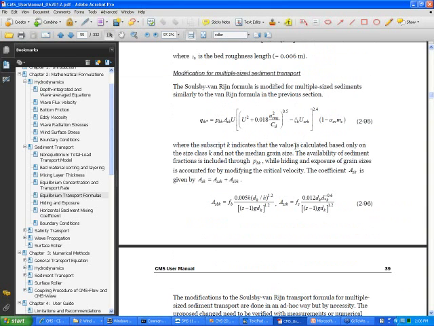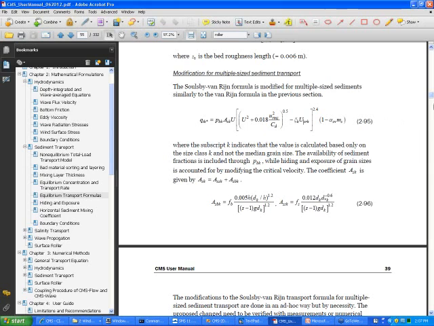For example, there are also these scaling factors for bed and suspended load, F sub B and F sub S. In the case of the Soulsby-Van Rijn formula, they're applied to the coefficients that give the amount of bed load and suspended load, because there's not a separate formula for bed load and a separate one for total load. It's combined into one.